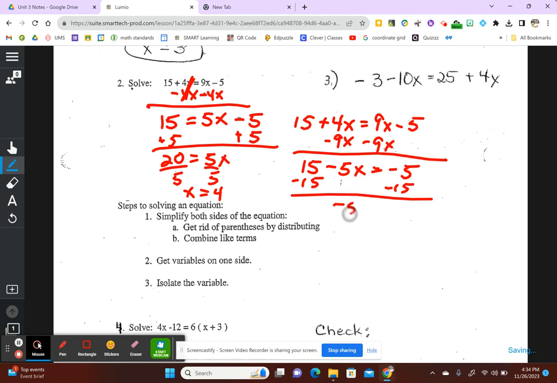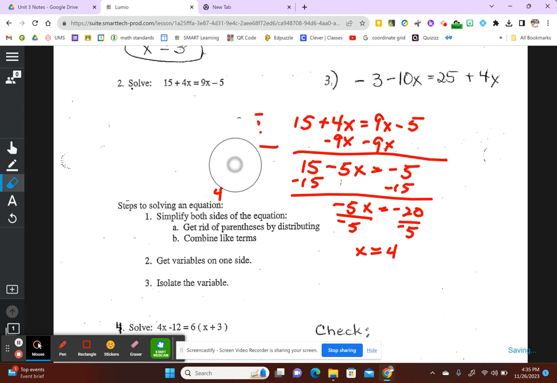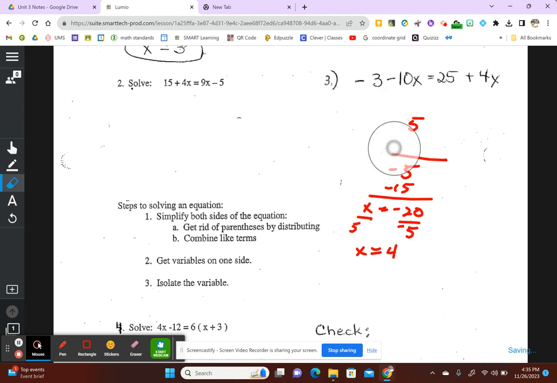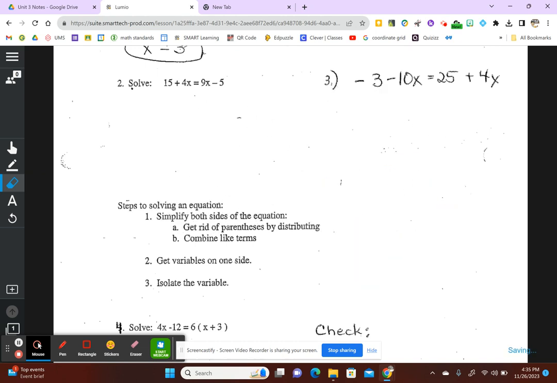And I get negative 5x equals negative 20. Divide by negative 5, divide by negative 5, x equals 4. So either way, I end up with x equals 4. And my two options were either I subtract 4x from both sides or I subtract 9x from both sides.